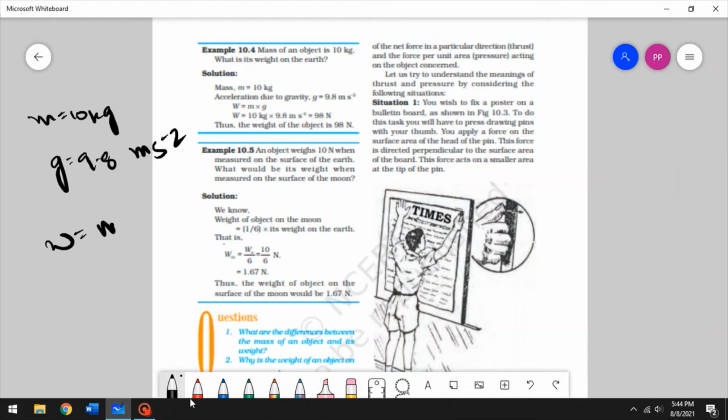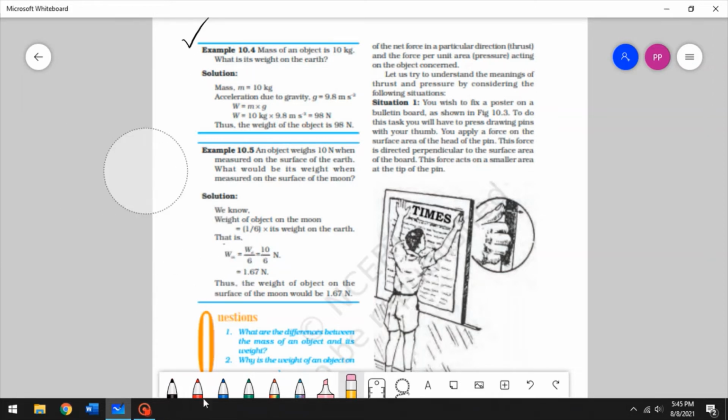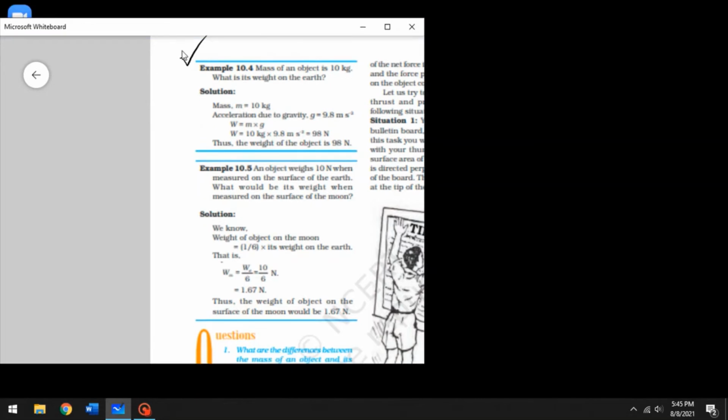So weight would be mg, which is 10 kgs times 9.8 meters per second square, which is 98 newton, or 98 kg meter per second square, and kg meter per second square is newton. Alright, that's how you solve this question. And I want you to try it on your own for example 10.5 and the two questions.